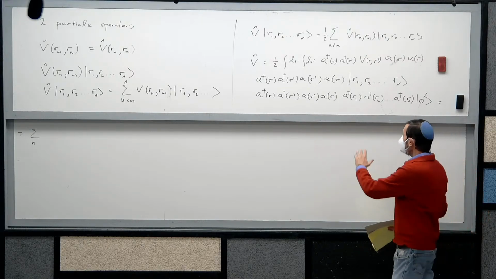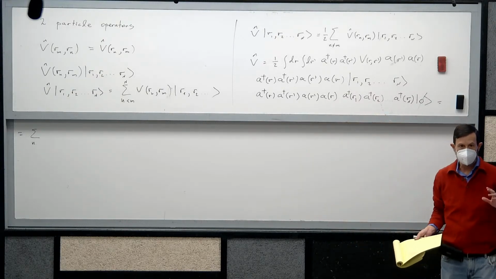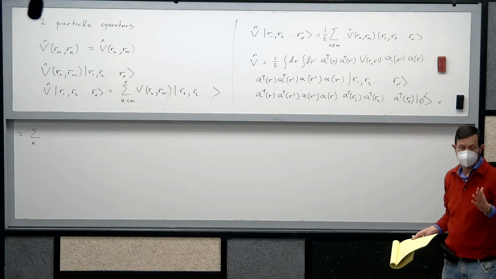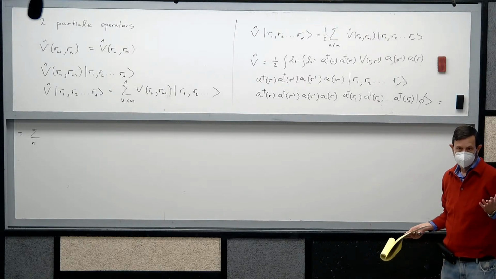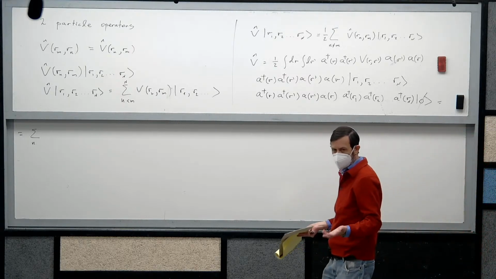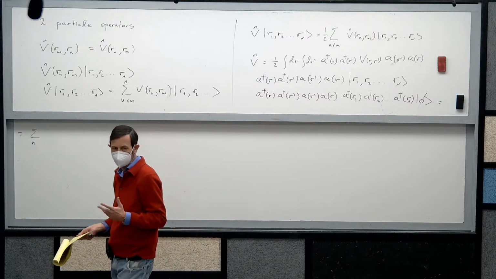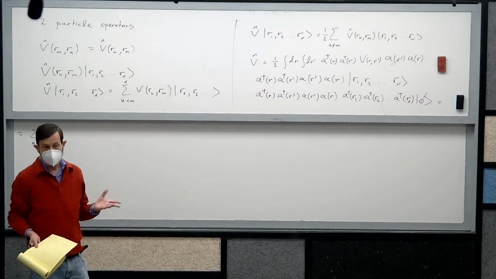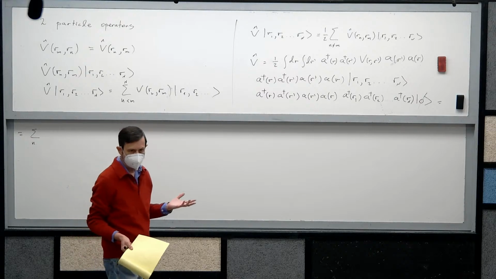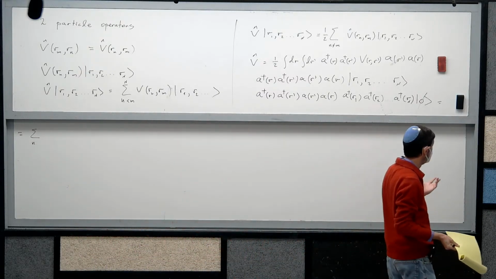So, operators I know how to use. Because operators, I have very simple rules. All I have to know about them is, are they bosons, so they obey commutation relations? Are they fermions? They obey anti-commutation relations.